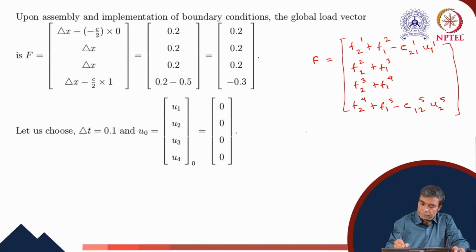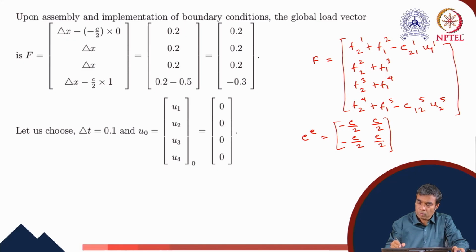Our load vector will be calculated here after implementation of boundary condition as CE equals to minus C by 2, minus C by 2, and here it is C by 2. So C211, this is minus C by 2.